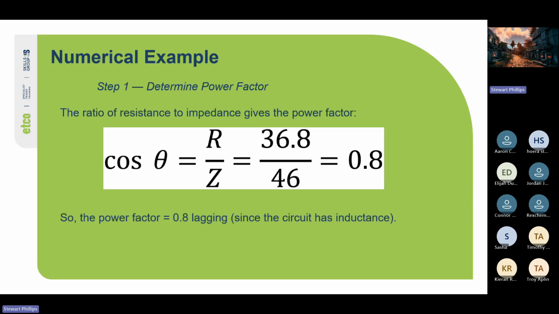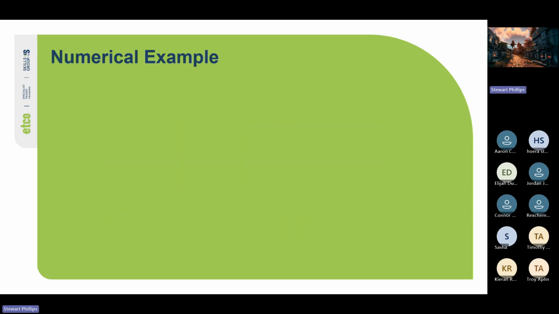Cool. So then we're going to have step two. We're going to calculate the active or real power.